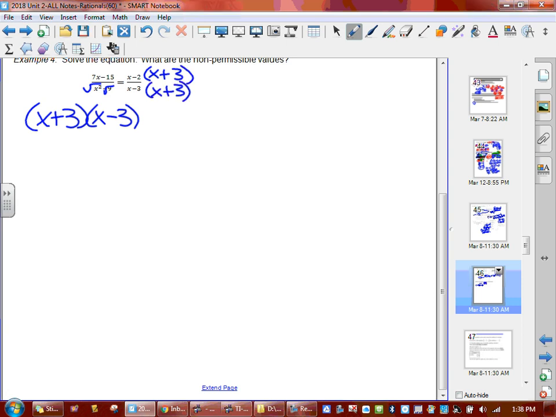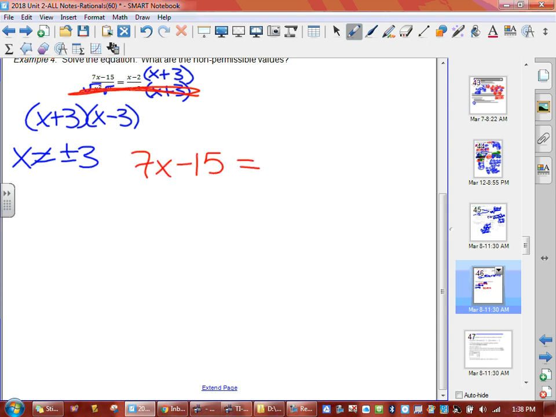Okay? Now we can get rid of our denominator. So what are the non-permissible values for these? Plus and minus 3. So x cannot be plus and minus 3. All right, since the left-hand side had both bottoms, we didn't have to change the top. So now our bottom is gone. Can't it also be 0? All we have now is 7x minus 15 equals, I've got to FOIL this.